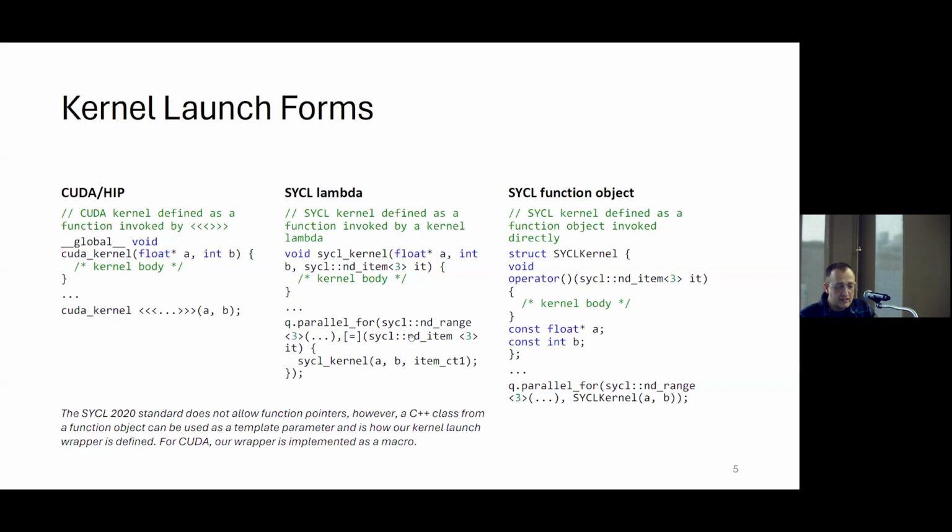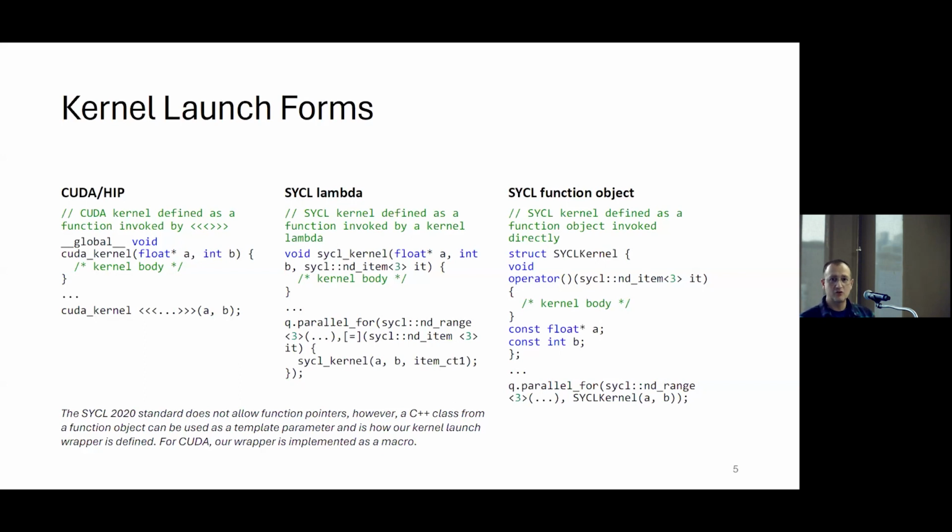The reason being that if we wanted to write a launching mechanism for kernels that could be abstract, the SYCL 2020 standard doesn't allow function pointers.